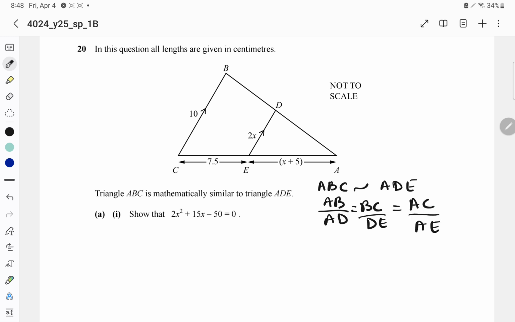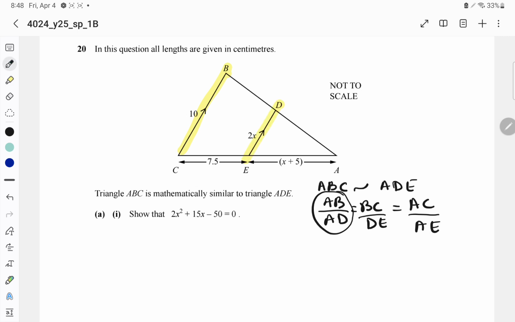Alright, so AB and AD are not there, so just ignore this ratio. Come to BC upon DE and AC upon AE.